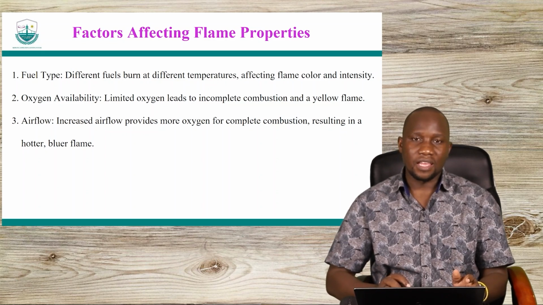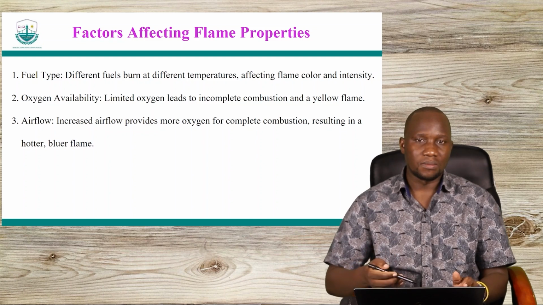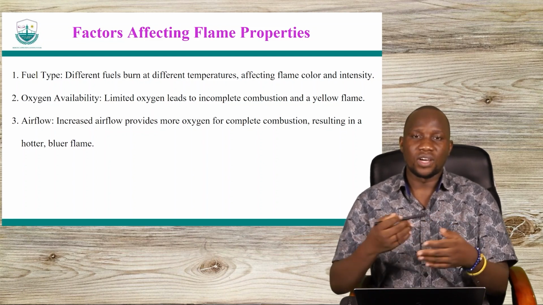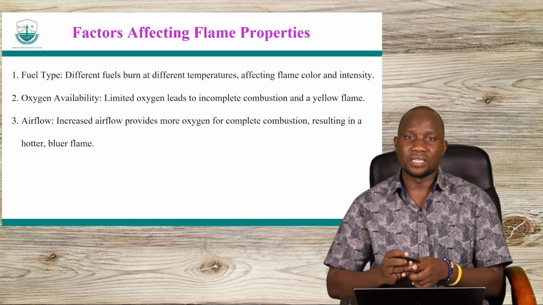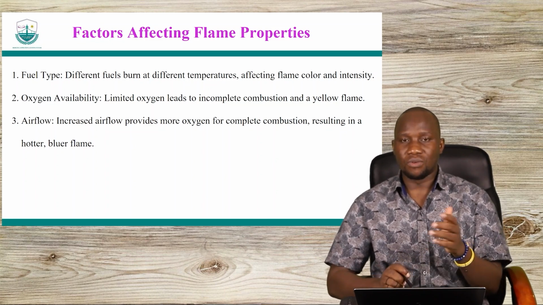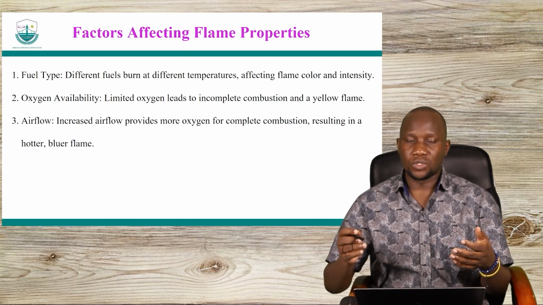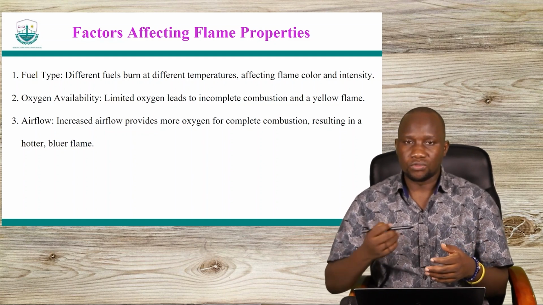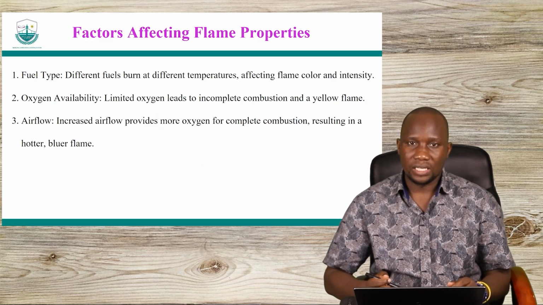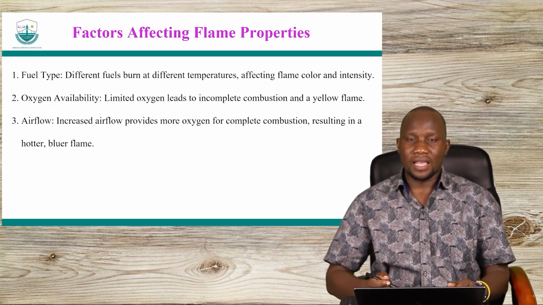Okay, and then airflow. The more air flows, the more oxygen you're going to have, and the more the burning will happen. So if you're going to control some fires, make sure that the things that will fuel the fire are eliminated.